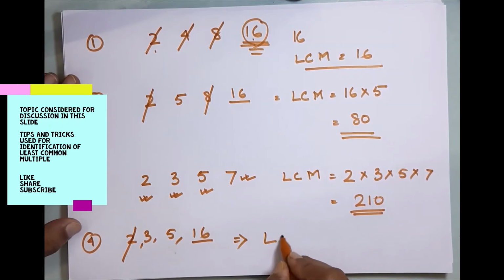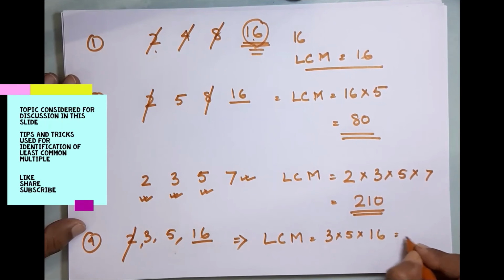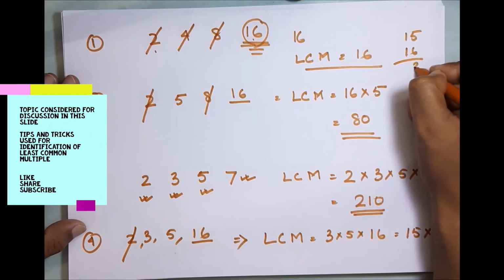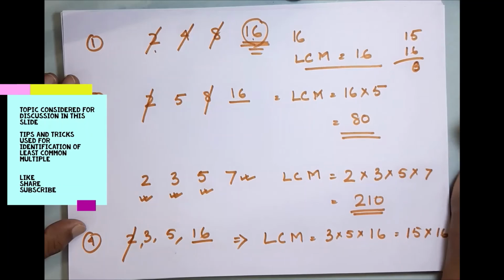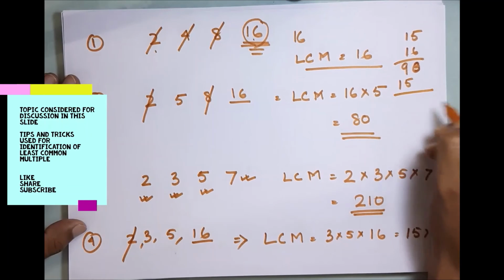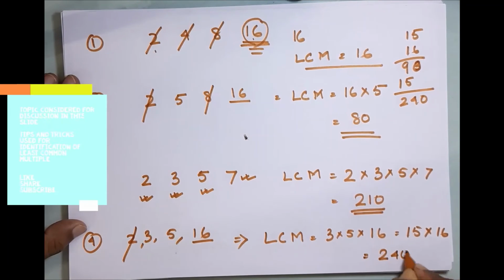So here the LCM will be 3 into 5 into 16. It will be 15 into 16, so the answer will be 240.